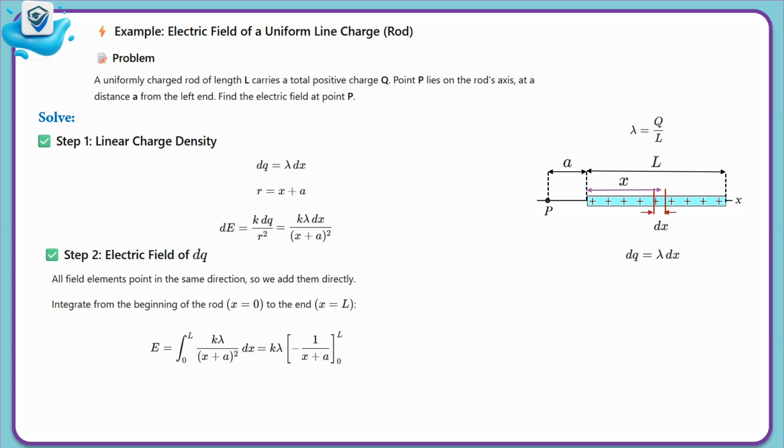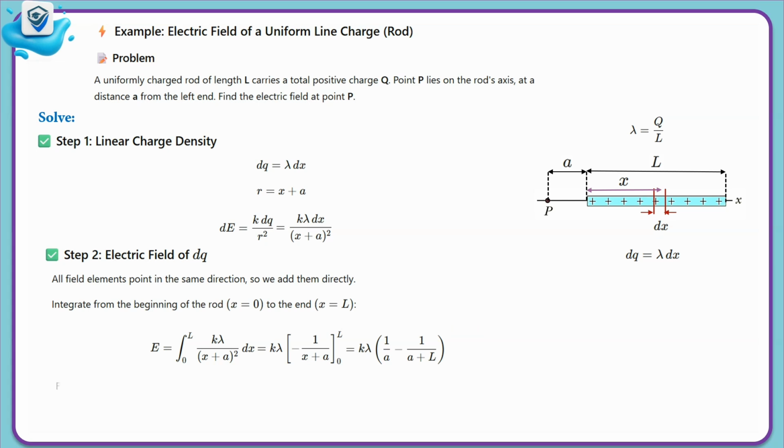This is definitely one of them, because you'll use it repeatedly in continuous charge distribution problems. After evaluating the integral, we obtain k times lambda multiplied by the quantity 1 over a minus 1 over a plus L.